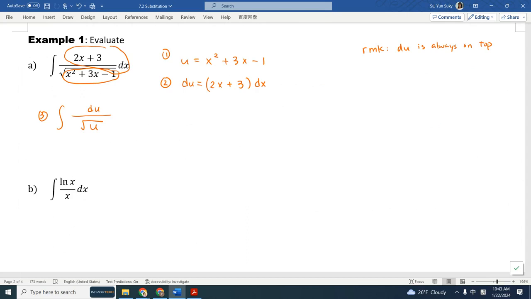Now let's simplify this. So this is u to the what power? Negative 1/2. Yes. Good. It's u to the negative 1/2. And what's the integral of u to the negative 1/2?